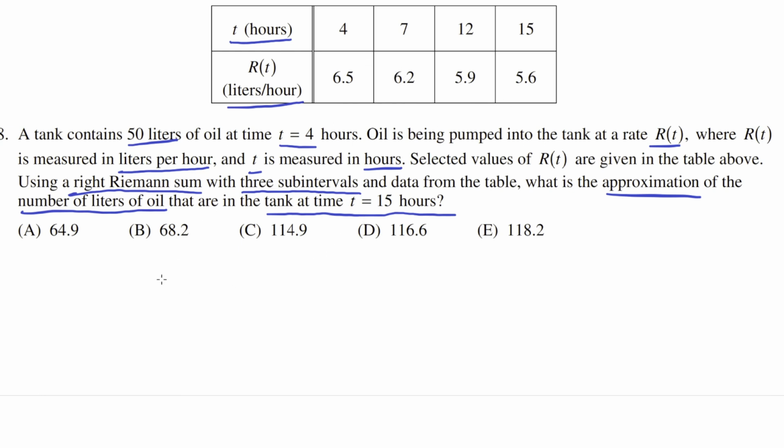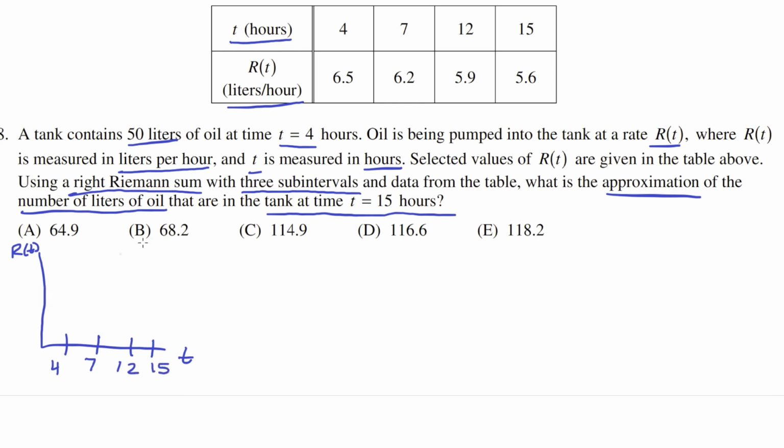So to show what a right-Riemann sum would look like, let's quickly draw a little bar chart of what's going on. Let me redraw these axes. On the x-axis, we'll have the time, and on the y-axis, we'll have the rate at which oil is being added to the tank. And we have 4 data points at 4, 7, 12, 15 hours.